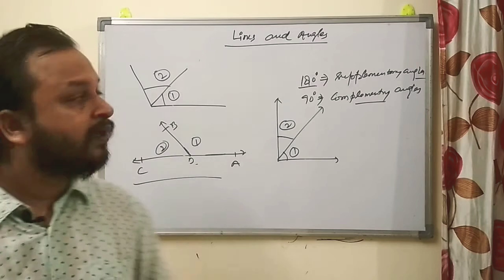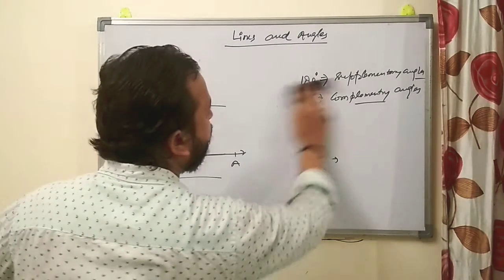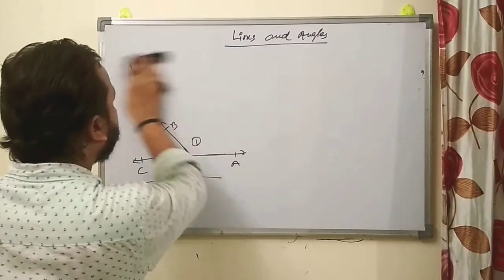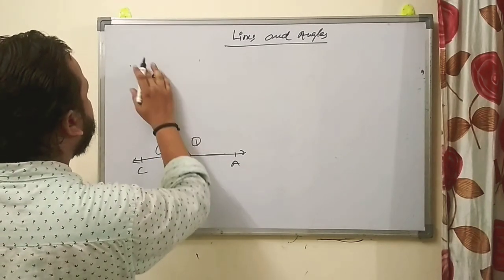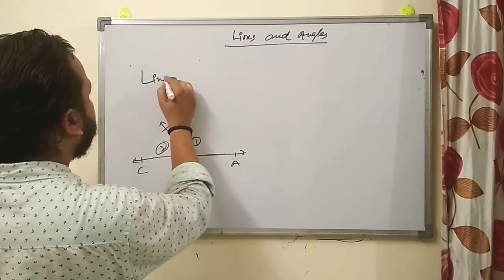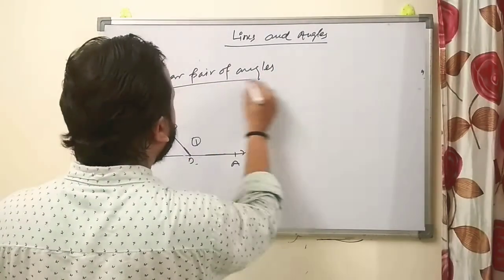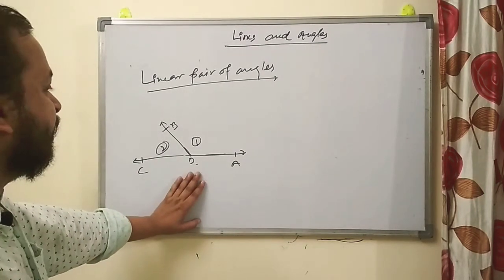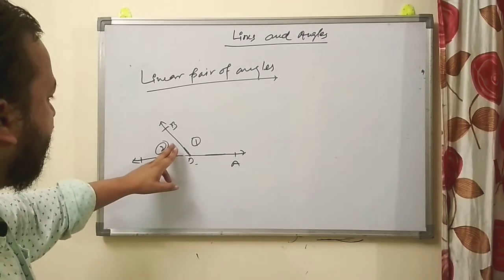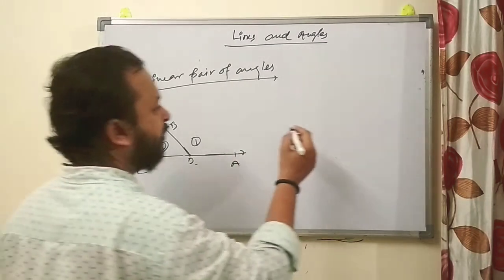Now come to linear pair of angles. Linear pair of angles means if two adjacent angles have a sum of 180 degrees, that angle pair is known as a linear pair of angles, right?